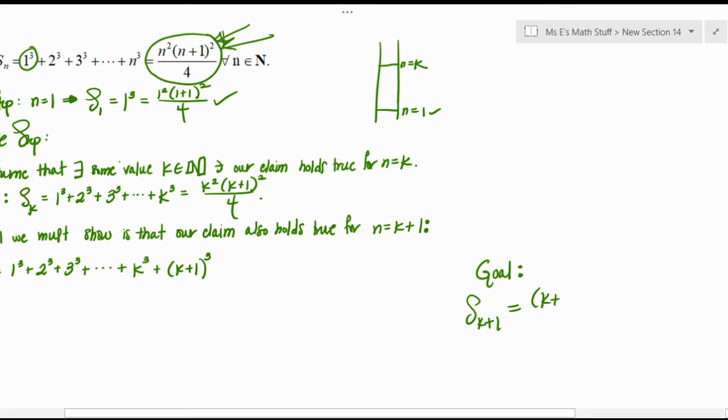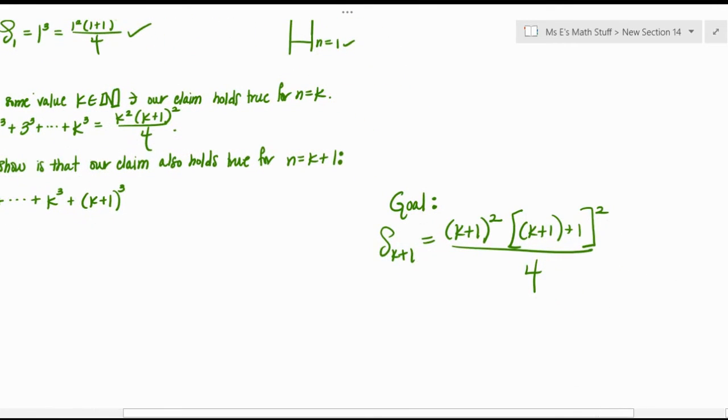So that would be k plus 1 squared times k plus 1 squared all over 4. So I just took this formula, replaced all the n's with k plus 1s.